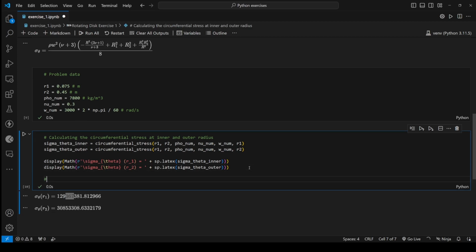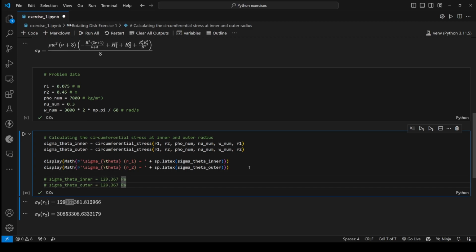Let me write down here, sigma theta inner is going to be equal to 129.367 megapascals. And then the outer one, let me count, this is 3, is going to be 30.853 megapascals. So these are the results.